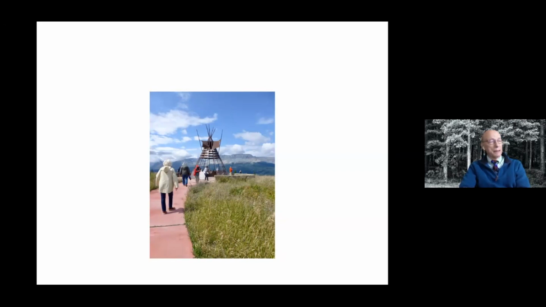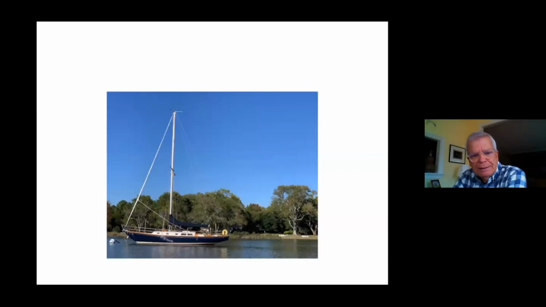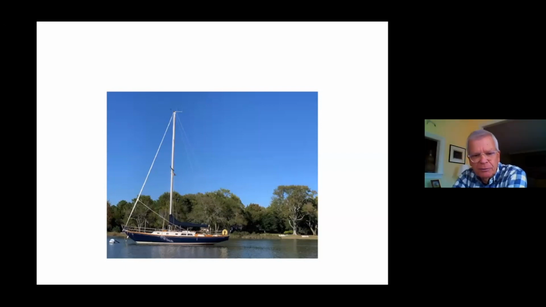Okay. Who's got the next one? That's mine, Bruce. Okay, Bruce, tell us about it. Well, the subject is the sailboat, rather dominant in the picture. The horizontal is the shoreline, the tree line behind the boat.